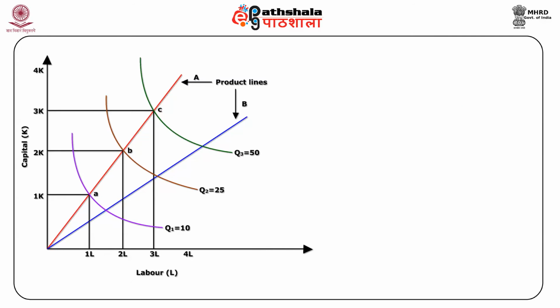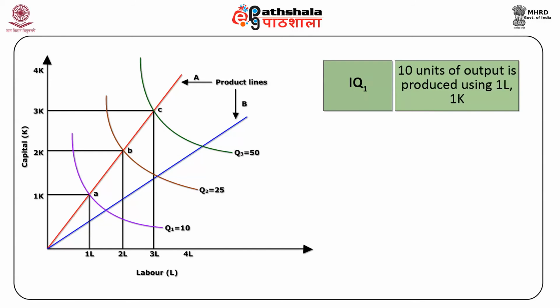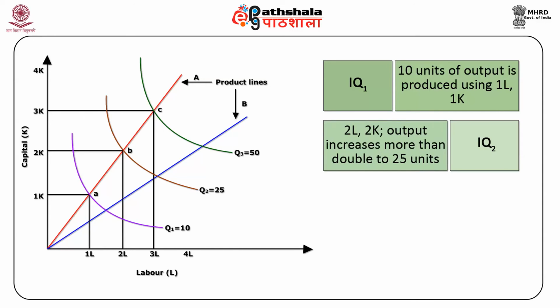Consider the figure. As represented in the diagram, 10 units of output depicted by IQ1 is produced using 1 unit of labor and capital, but when the labor and capital were doubled, that is, to 2 units each, then the output depicted by IQ2 increased more than double, that is, to 25 units.